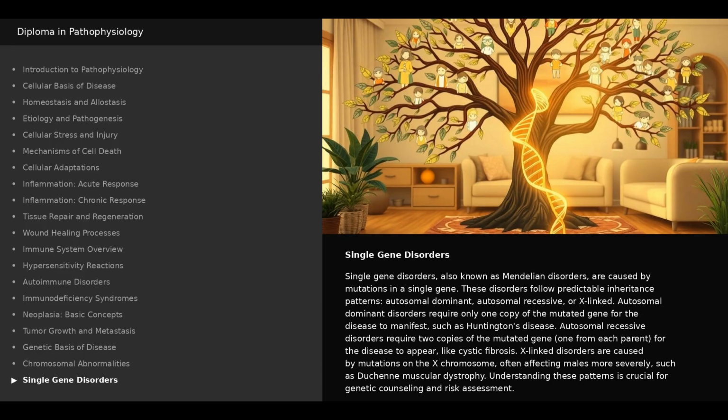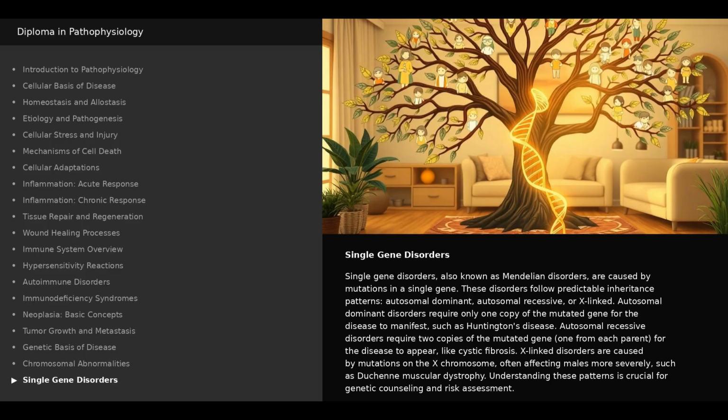Single gene disorders. Single gene disorders, also known as Mendelian disorders, are caused by mutations in a single gene. These disorders follow predictable inheritance patterns: autosomal dominant, autosomal recessive, or X-linked. Autosomal dominant disorders require only one copy of the mutated gene for the disease to manifest, such as Huntington's disease.